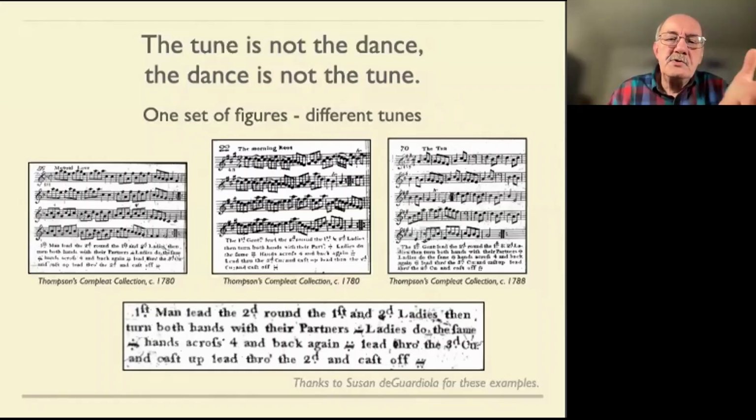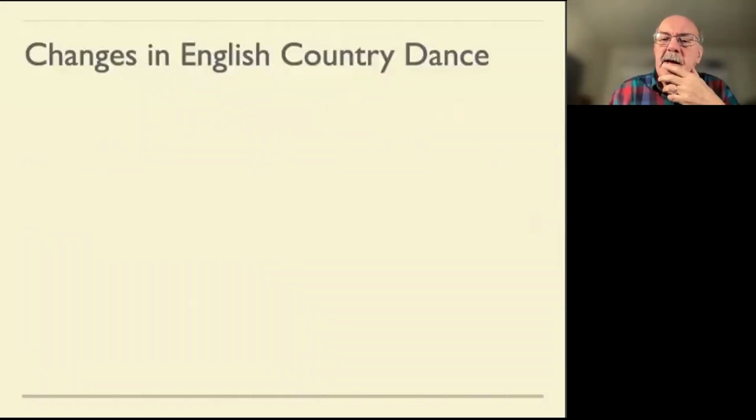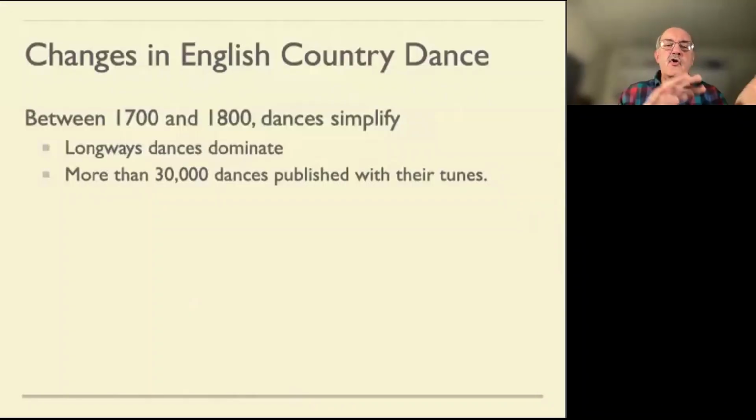So one tune could have many different figures, but one figure could appear with different tunes. So it's very flexible. As we look over the period of the 1700s, the dances simplify. The long ways dances dominate.